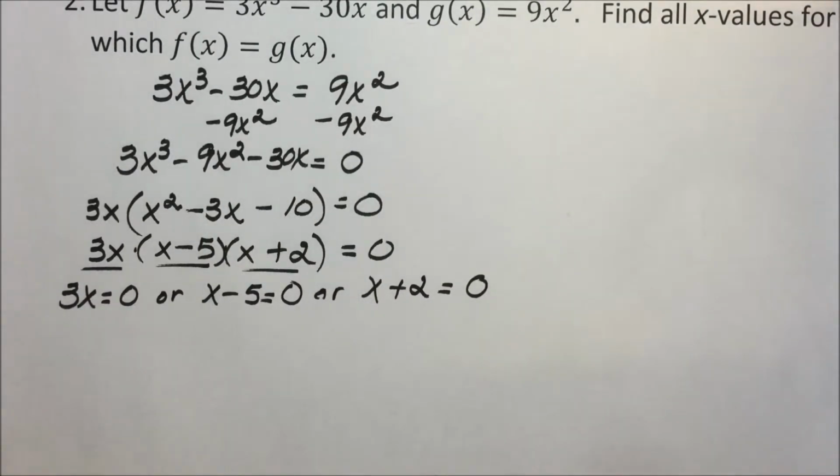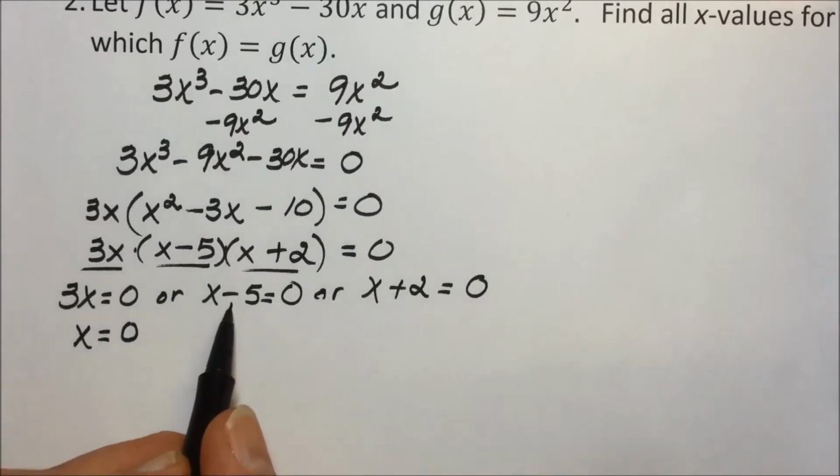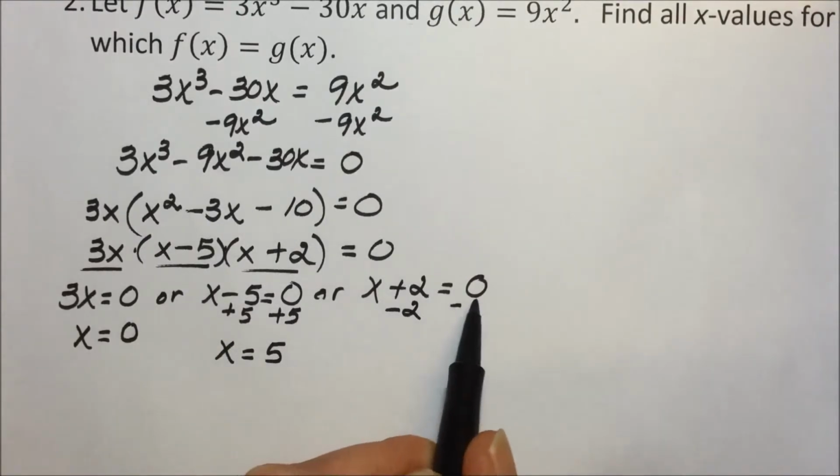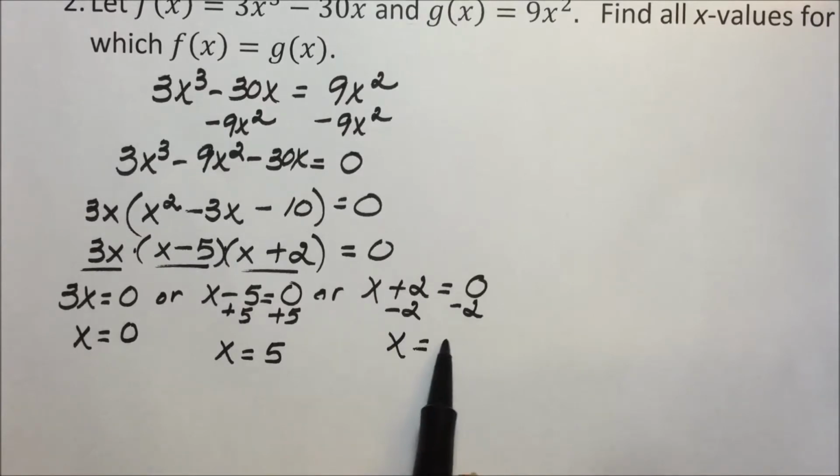Solving for x then, dividing both sides by 3, 0 divided by anything is 0, so 0 is one of our solutions. Adding a 5 gives us 5 as one of our solutions, and subtracting 2 on this last option gives us negative 2 as a possible solution for this equation.